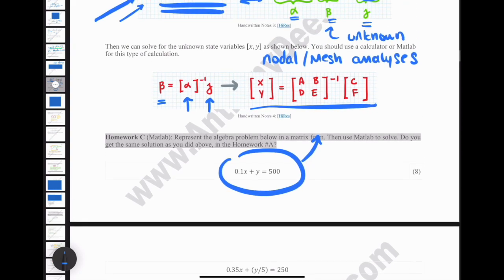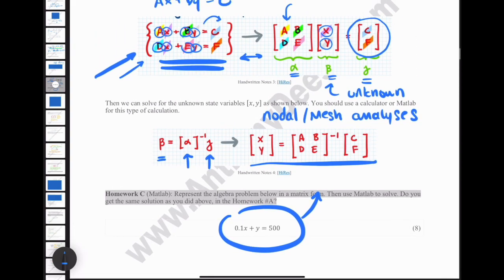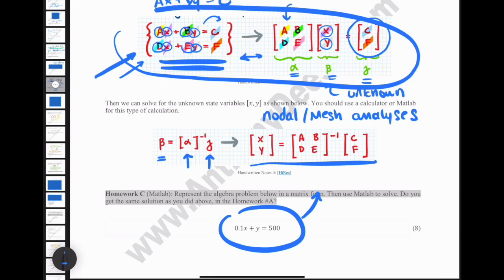I'm not going to give any clue on this because, honestly, if you see this structure here, it should become pretty obvious how to make that translation. For example, this A is simply 0.1, and then you have X and Y, and you can make the rest of the moves yourself.